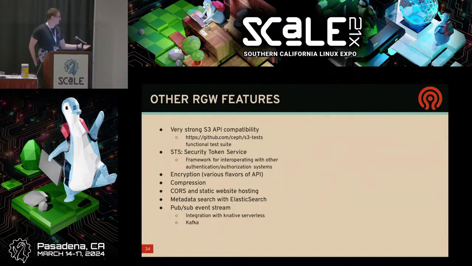There are security features of the sort that you would expect. You can do encryption and compression. These are features of S3, but I think we also pile our own on top for some specific use cases. It supports static website hosting in the S3 way. One thing S3 doesn't do is we integrate with Elasticsearch to do certain kinds of metadata searching. And you can get event streams out of it to do processing on your data stream or on newly uploaded objects.